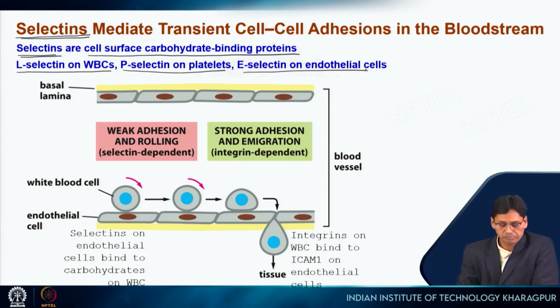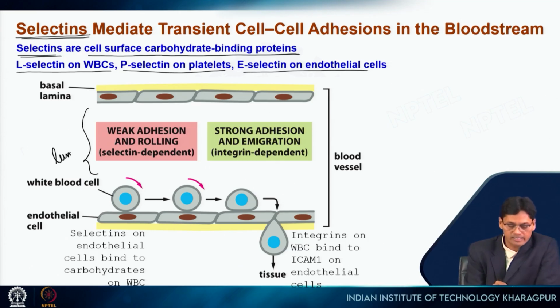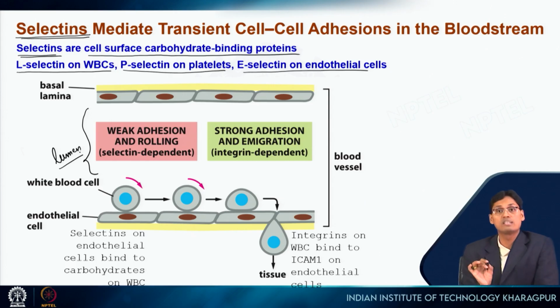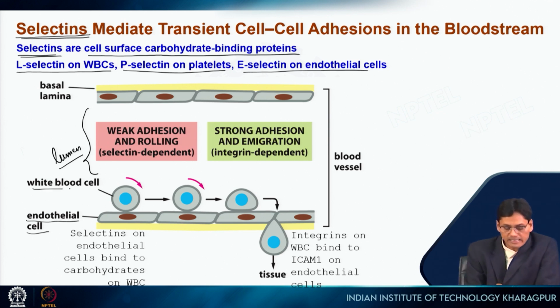As you can see, this is the lumen of this blood vessel, and this is not epithelial cell anymore. This is endothelial cell, which covers the blood vessel from the inner side.